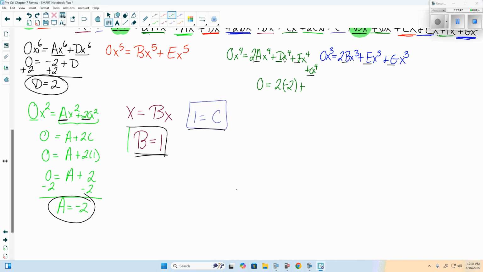D's value is 2. We don't know what F is, but C we got as 1. 2 times -2 is -4, plus 2, plus F, plus 1. Well, the -4 plus 2 is -2, plus 1 is -1.